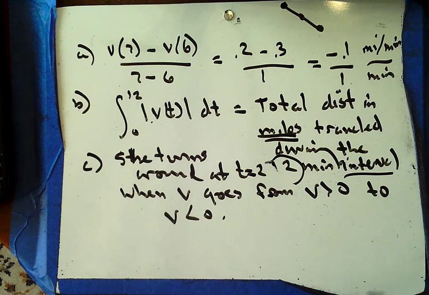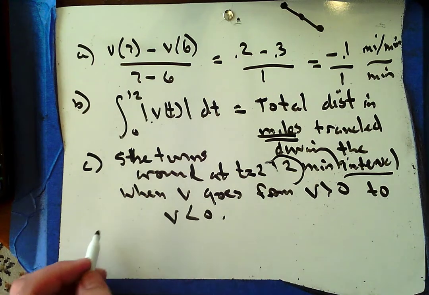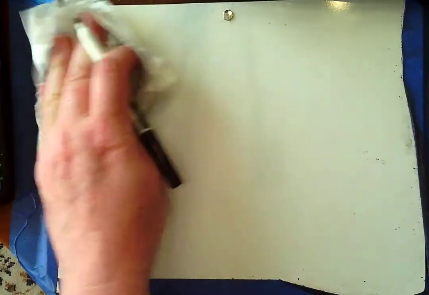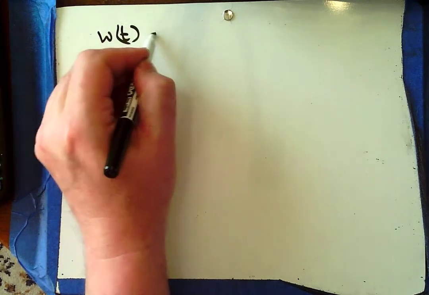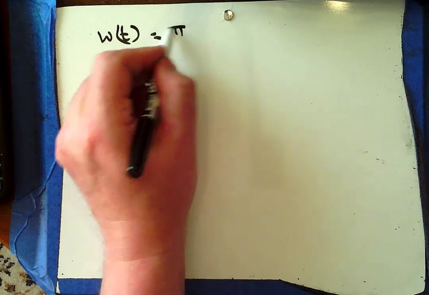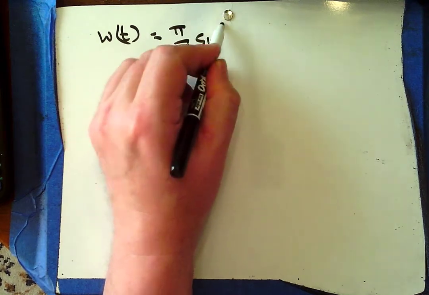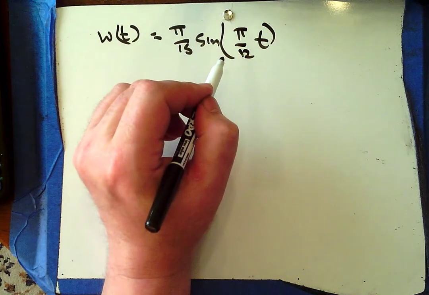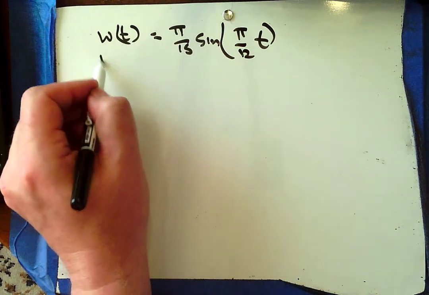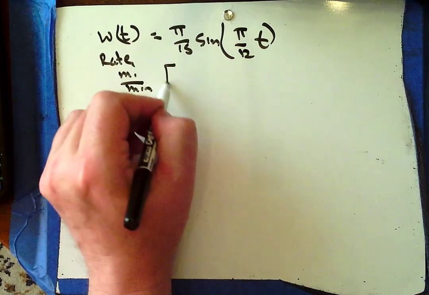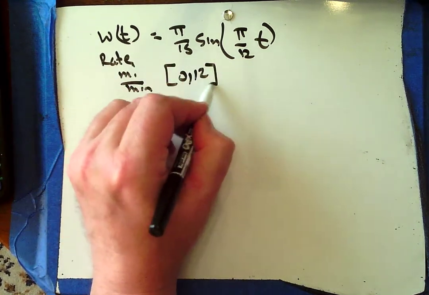Okay, part D. Larry also rides a bicycle on the straight road. His velocity is modeled by this other function, pi over 15 sine of pi over 12 t, where w is in miles per minute. So this is again a rate function, miles per minute. And he's also doing 0 to 12.